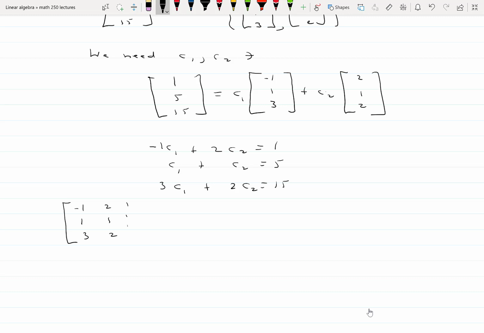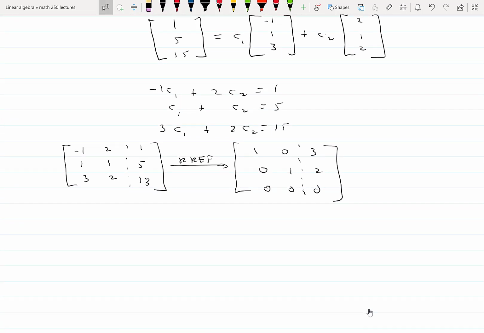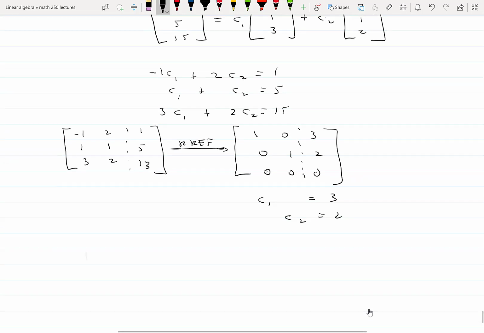This is one big reason why we studied solving systems of equations earlier. Produce the reduced row echelon form, which always exists and is always unique. There's only one reduced row echelon form. And that tells us that we have a system that has a unique solution: C1 equals 3, C2 equals 2.